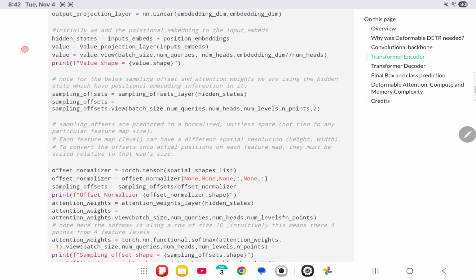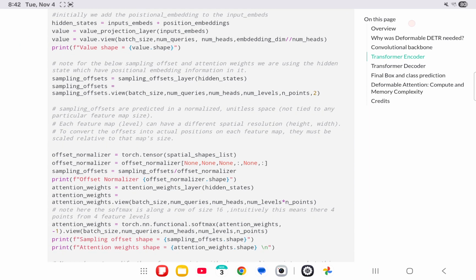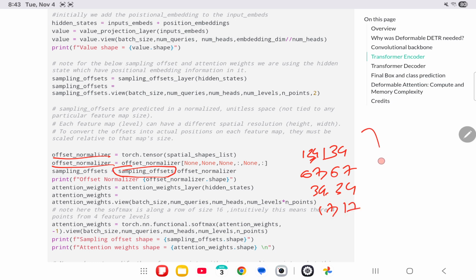Another big implementation detail is something called the offset normalizer, which normalizes the offset. As we said, we want the delta x, delta y to be in the feature space. So we divide each predicted offset across each feature layer by the corresponding feature map dimension, so that they become normalized.